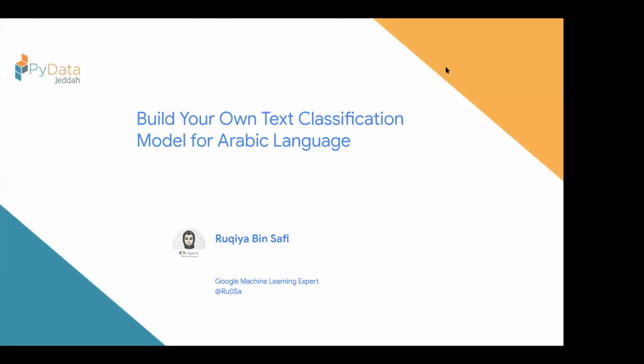Today I'm so glad and so excited to talk about text classification. Our title is: how to build your own text classification model for Arabic language. I am Uqayya bin Safi, a Google developer expert in machine learning, and this is my handle on Twitter.